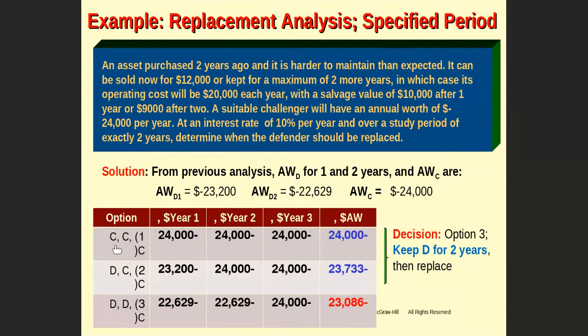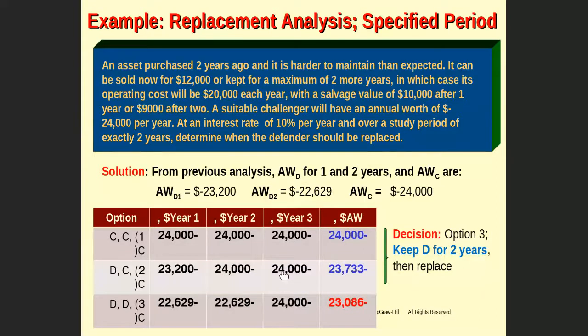The first option says C, which is challenger, challenger, and challenger for 3 years. That means we will replace the defender with the challenger and keep it for the 3 years. On the second option, it says D, which is defender, then C and C. It means that the first year we are going to keep the defender, but on the second year we will purchase the challenger and keep it for the study period.